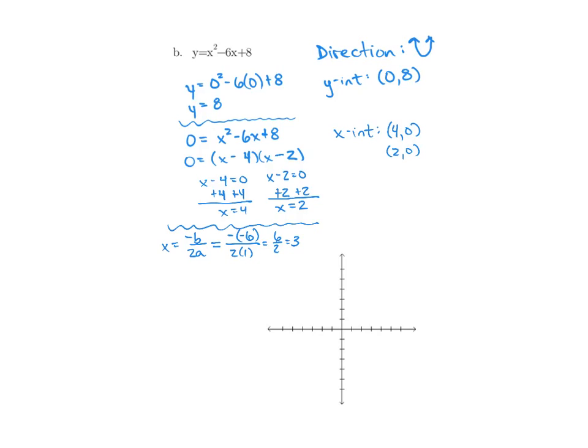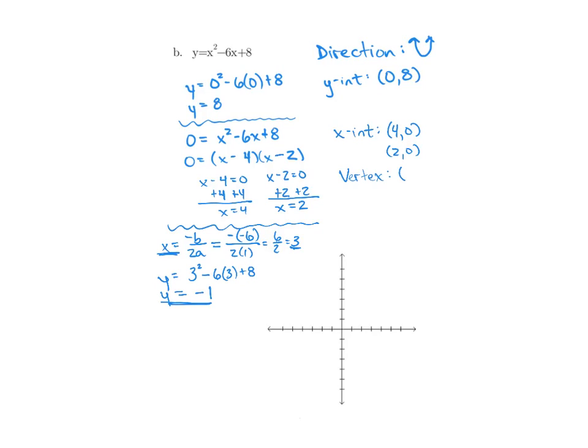I want to take that and plug it back into my original equation. We get 3 squared minus 6 times 3 plus 8. If you simplify this, you should get y equals negative 1. So remember that x equals 3, y equals -1 is your vertex.